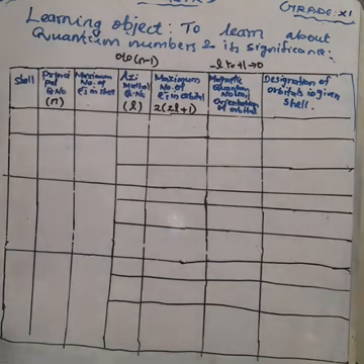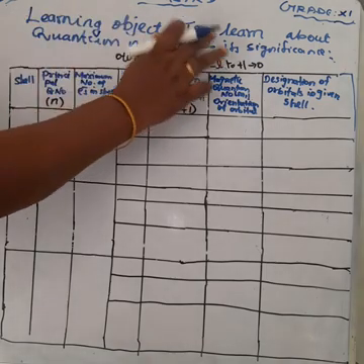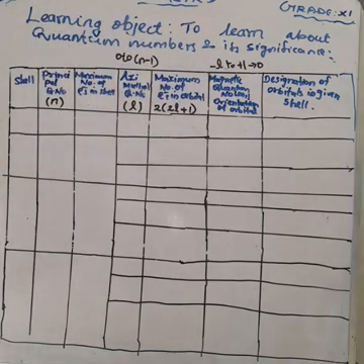Now we are going to study the significance of quantum numbers. What are the 4 types of quantum numbers? Principal quantum number, azimuthal quantum number, magnetic quantum number and spin quantum number. The principal quantum number is denoted by the symbol n.